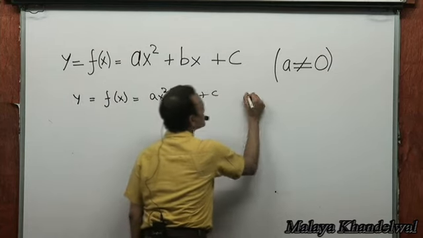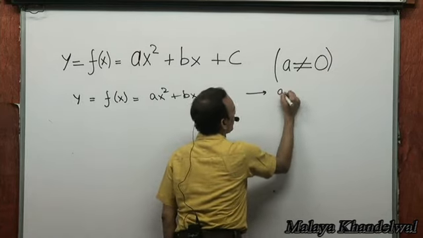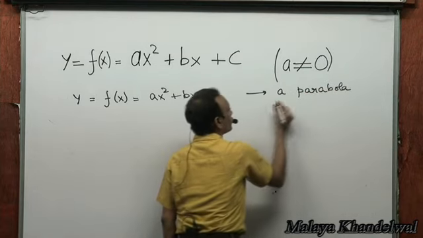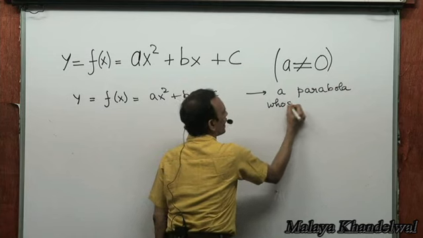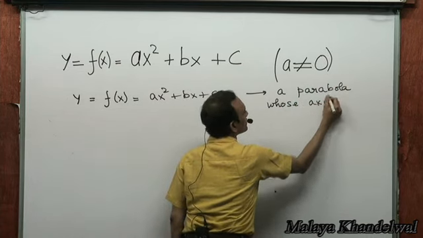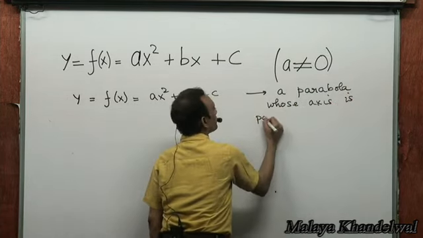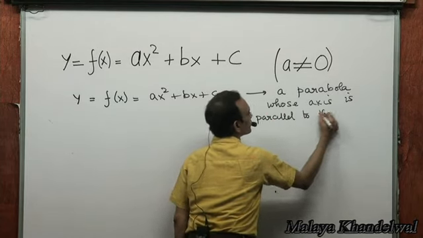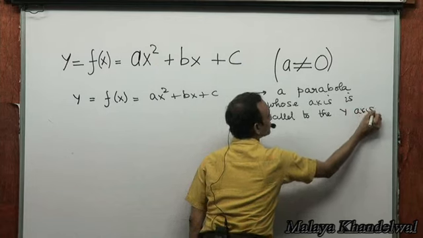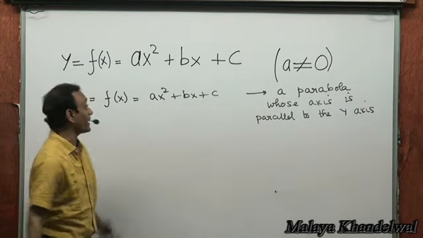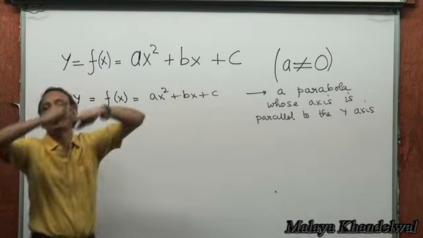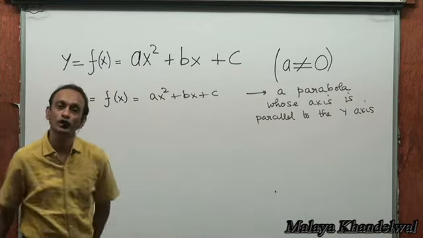The graph of this is a parabola whose axis is parallel to the y-axis, right? We've learned this in parabola. Y equal to a quadratic in x, if you plot it in the xy plane, is going to give you a parabola.